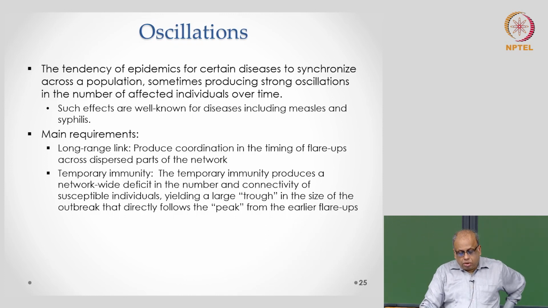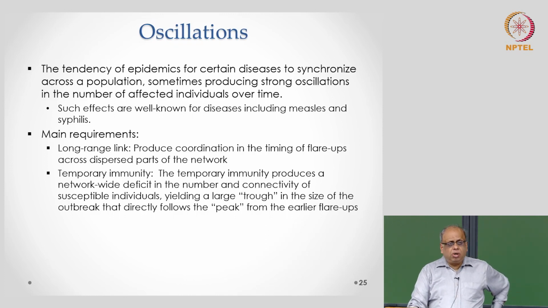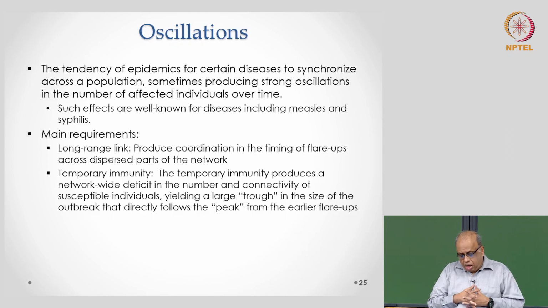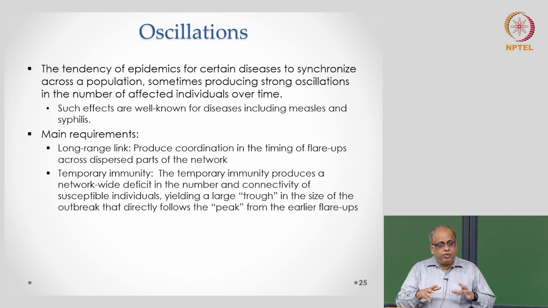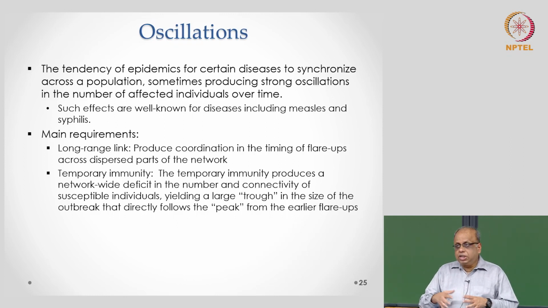Okay, so what is a long range link? I think in social networks there is this concept of weak ties and strong ties. Okay, so strong ties are when you have a social network that is formed within your close circle. So for example, within your college or within your office and so on. So here there are people who are in close contact with one another.